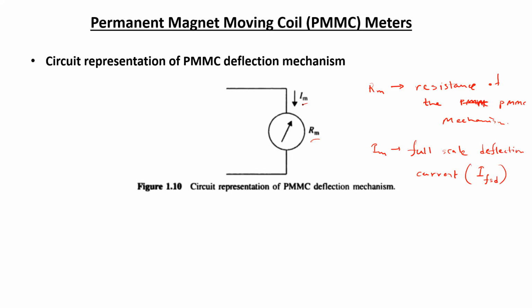So Im is the current required to give the full-scale deflection of the pointer, and Rm is the internal resistance of the coil arrangement. Later, in discussing DC ammeters and voltmeters, we are going to use this circuit representation of the PMMC deflection mechanism in order to indicate the presence of the PMMC arrangement.